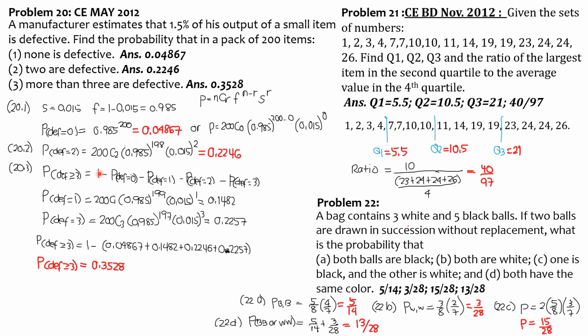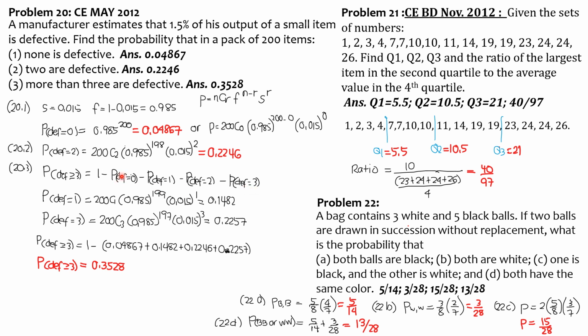The total probability is 1. So 1 minus the probability that there is no defective item, minus the probability that the number of defective items is exactly 1, minus the probability that the number of defective items is exactly 2, minus the probability that it is exactly 3.